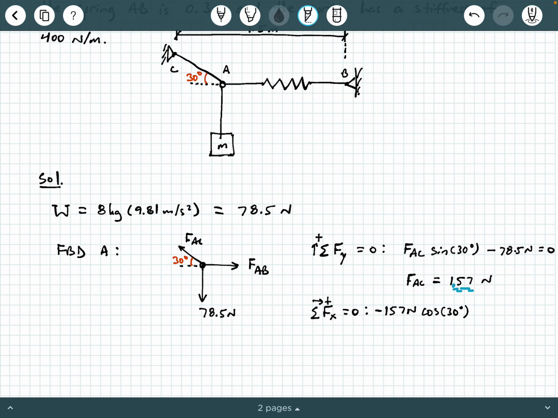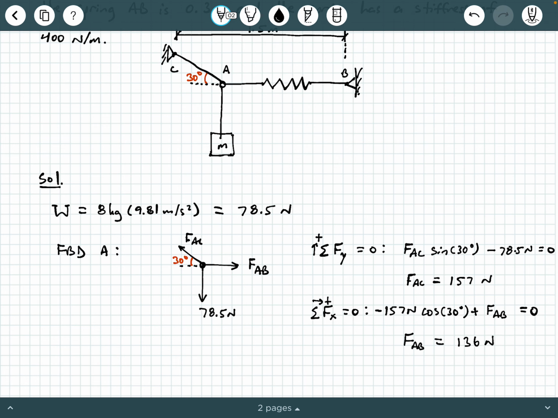Why is that? Because FAC is pointing into quadrant 2, which has a negative x component. Then plus FAB equals 0. That's everything with a horizontal or x component. After a little bit of rearranging, we get FAB is equal to about 136 newtons.